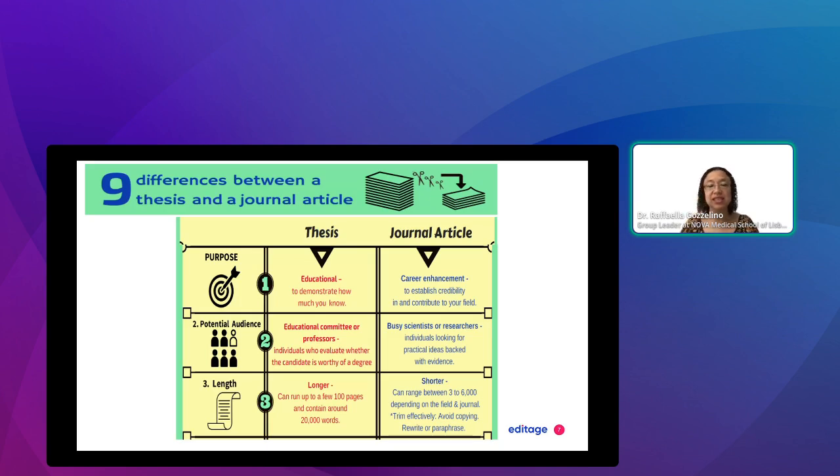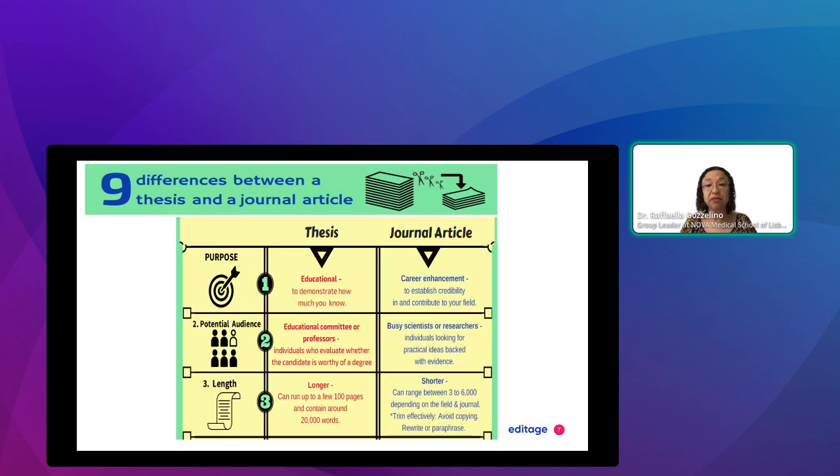So the thesis is as well much longer than a journal article because it can run up to a few hundred pages. It is usually between 150 and 200 pages and contains about 20,000 words. Of course, the journal article is short when compared to a thesis because in the thesis you need to describe all that you did during your studies.